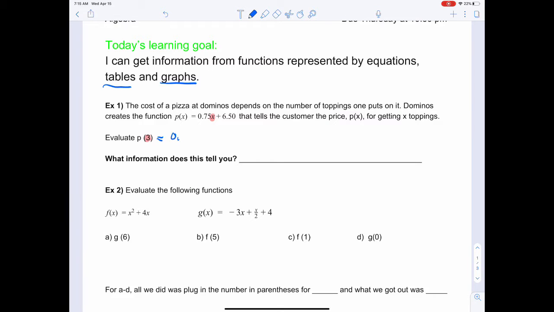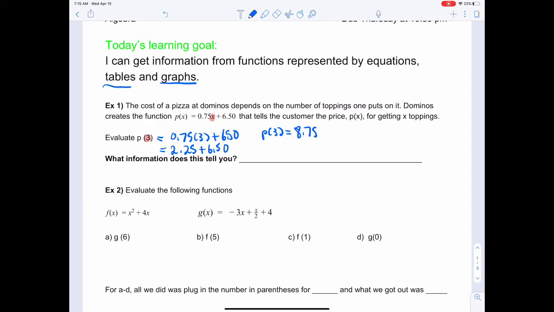So we'll get 0.75 times 3 plus 650. That's going to be 225 plus 650. So we'll get p of 3 equals 875. And what does that tell you?